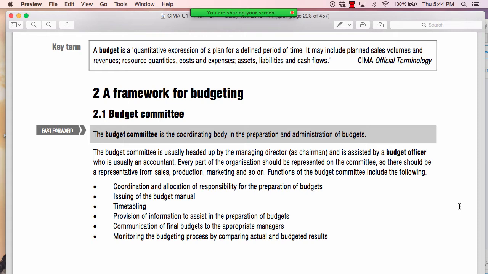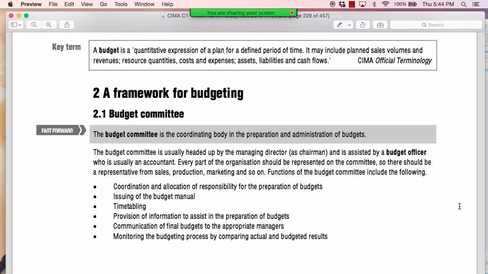And every part of the organization should be represented on the committee. So what it's saying is every functional area such as sales, production, marketing, HR, finance will be part of this budget committee, come together, and actually drive the activities of the budget committee.